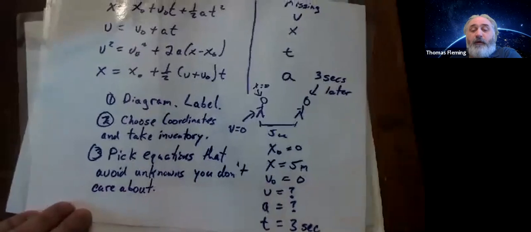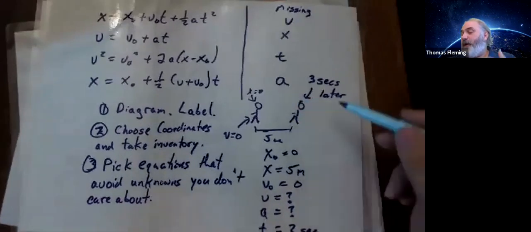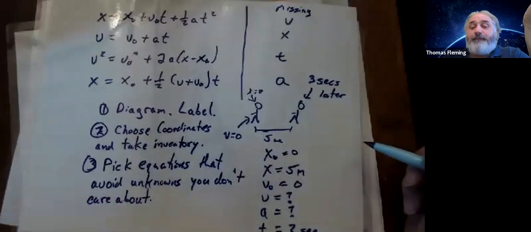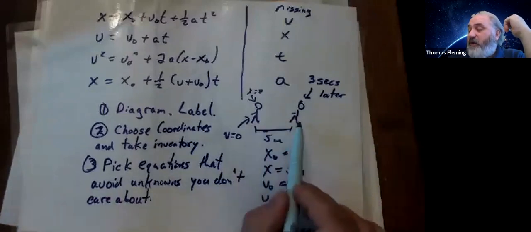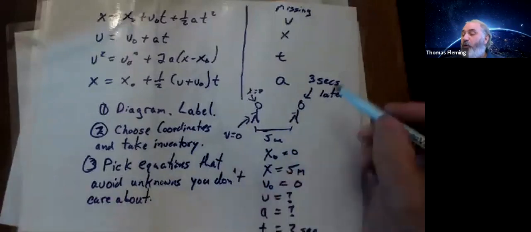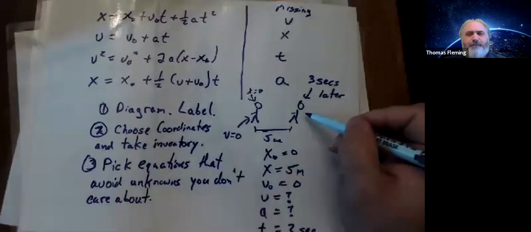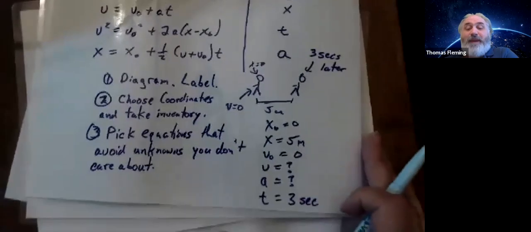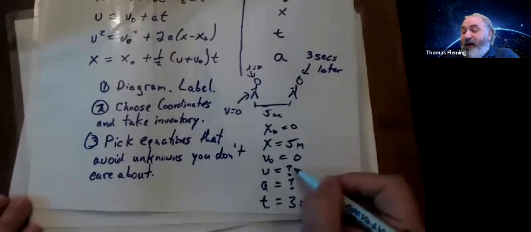Right? So let's say that the question here, maybe I want to know what's the acceleration of the guy. I know he went from here to here. He took 3 seconds, but I don't know what the acceleration is, and I don't know how fast he's traveling. So there are 2 things I don't know. But the question maybe didn't ask me how fast he's traveling.